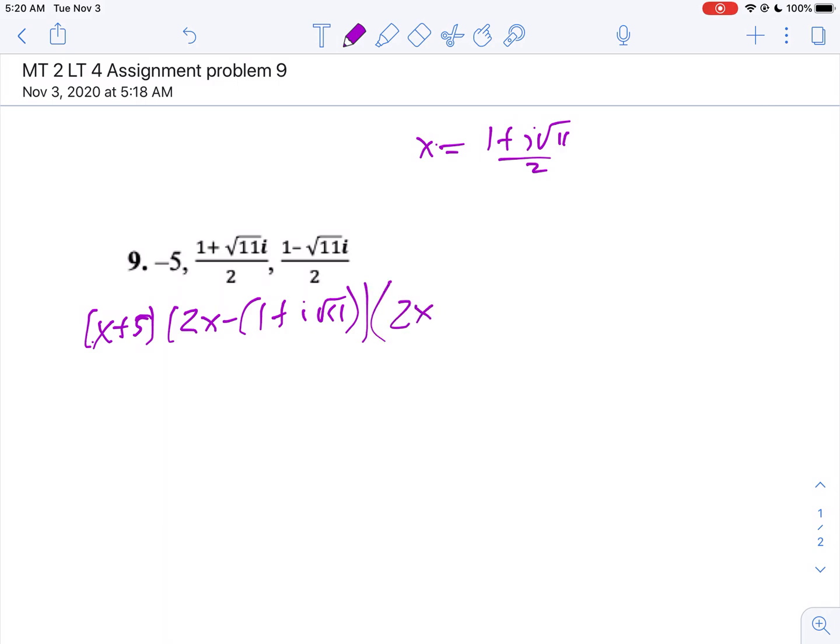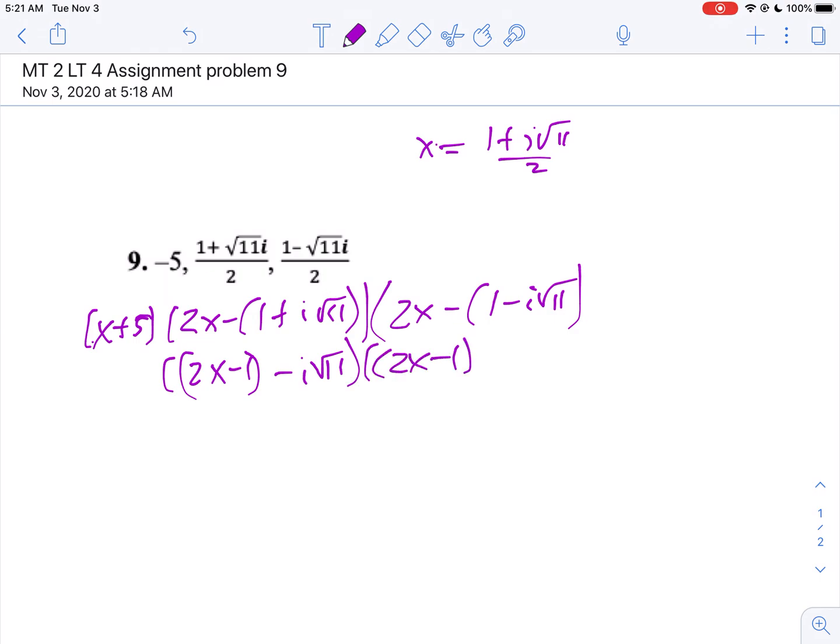And 2x minus 1 minus i squared root of 11. It's the second part I'm going to spend some time on, multiplying. I'm going to rewrite this as 2x minus 1 minus i squared root of 11 and 2x minus 1 plus i squared root of 11.